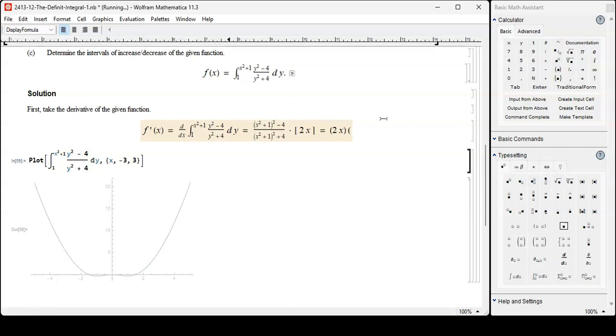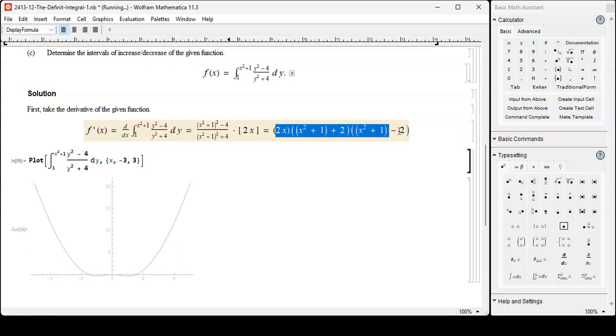And then this one here, x squared plus 1 plus 2, x squared plus 1 minus 2, and then divided by this denominator.